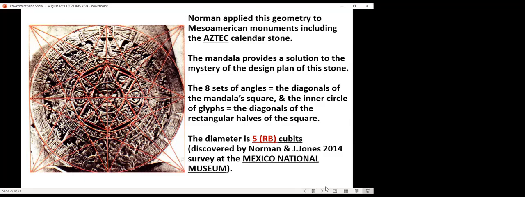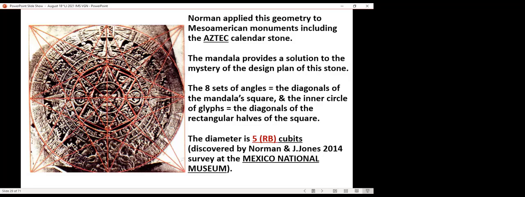So we have the solution to the mystery of this design with the golden mandala. The 8 sets of angles equal the diagonals of the mandala square, and the inner circle of glyphs equals the diagonals of the rectangular halves of the square.